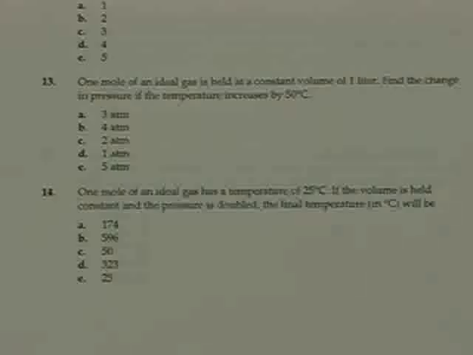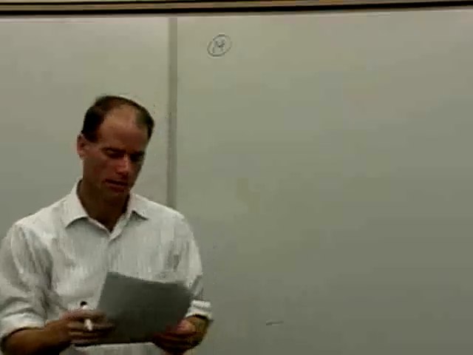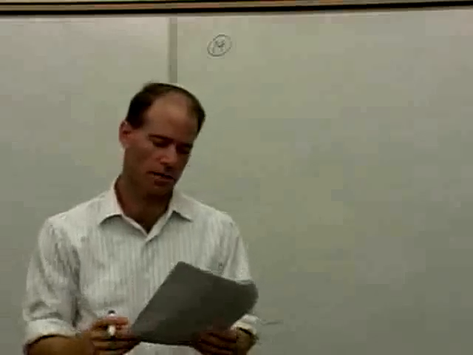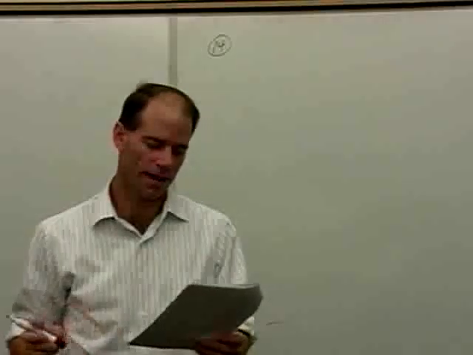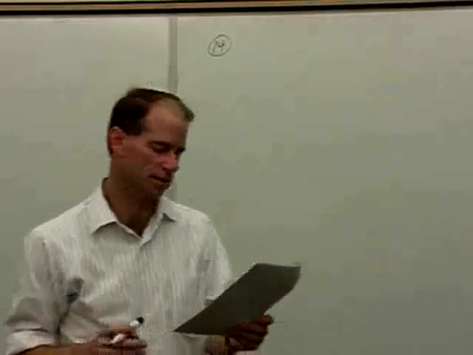Problem number 14. 1 mole of an ideal gas has a temperature of 25 degrees Celsius. If the volume is held constant and the pressure is doubled, the final temperature in degrees Celsius will be... Okay, so here's number 14. We're going to start with an ideal gas at a temperature of 25 degrees Celsius.